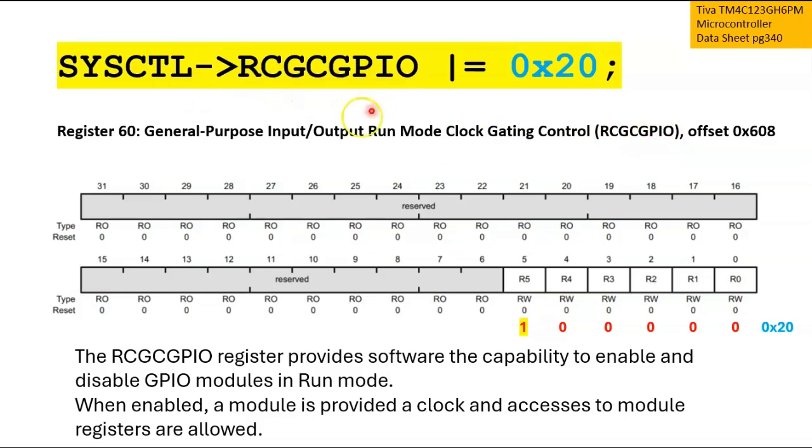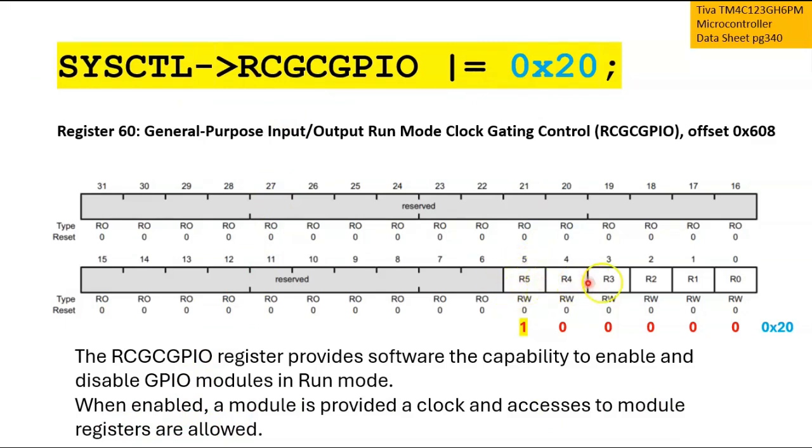So this is the register, and we are interested in bit 5 here. So basically this register provides the software the capability to enable and disable GPIO modules in run mode. When enabled, a module is provided a clock, and access to the module registers is allowed. So basically this instruction here will set bit 5 to a 1.